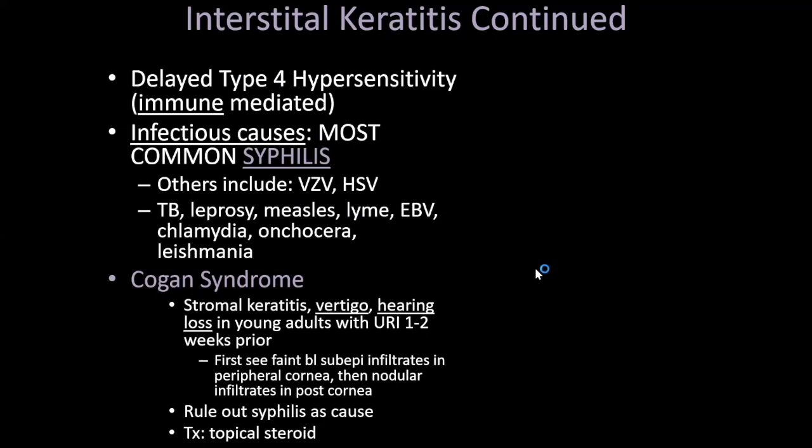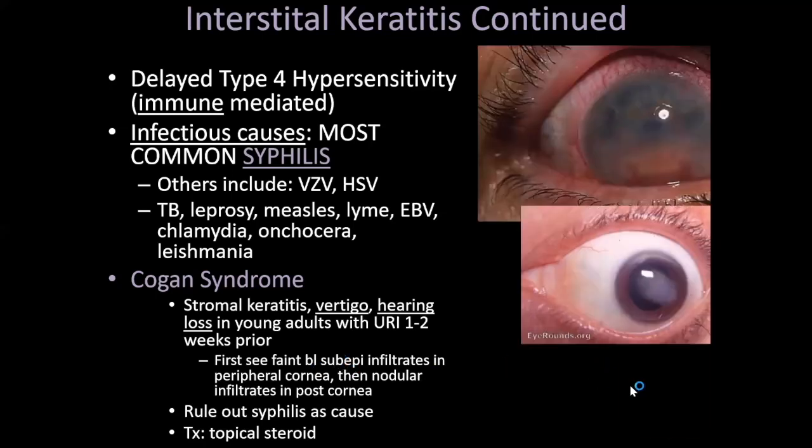There's an entity called Cogan syndrome, where in addition to the ocular involvement, you have vertigo and hearing loss in a young adult who gives a history of urinary tract infection 1 to 2 weeks prior to the stromal keratitis. So it presents as faint black subepithelial infiltrates.